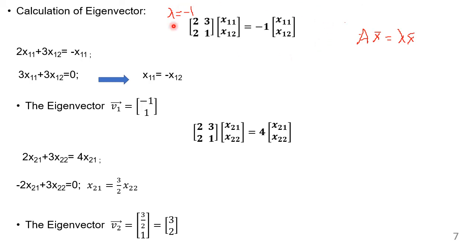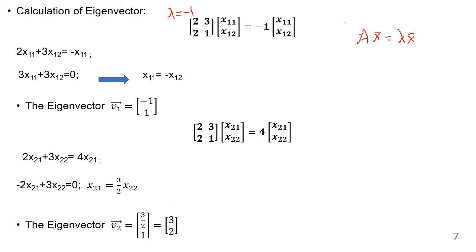When I simplify this, I get 2 times x11 plus 3 times x12 equal to minus x11 on the right hand side. Further simplification gives me 3x11 plus 3x12 equal to 0, which gives me x11 equal to minus x12.